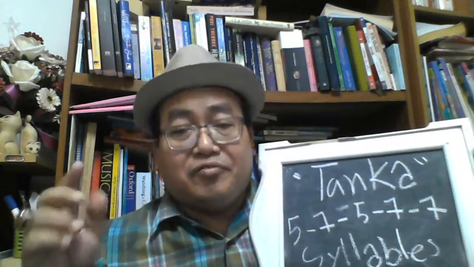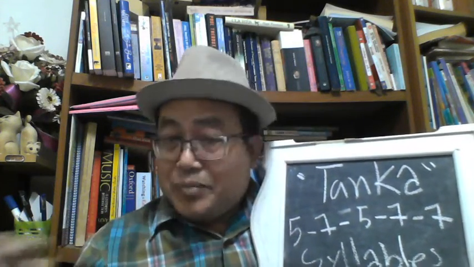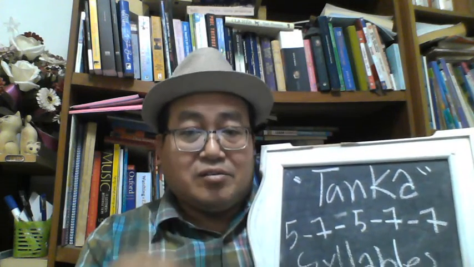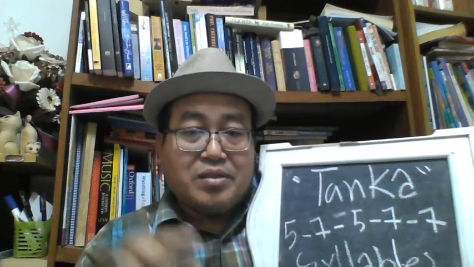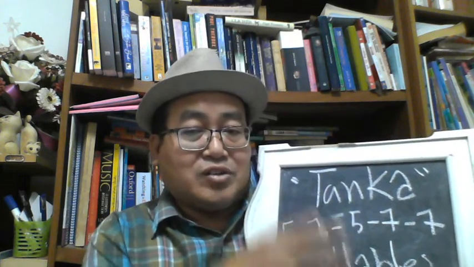And then the fourth line is a comment. So you have to write a comment about the context. Okay, their voices, the real power. So the comment on the sounds of the young children is that their voices, the real power.